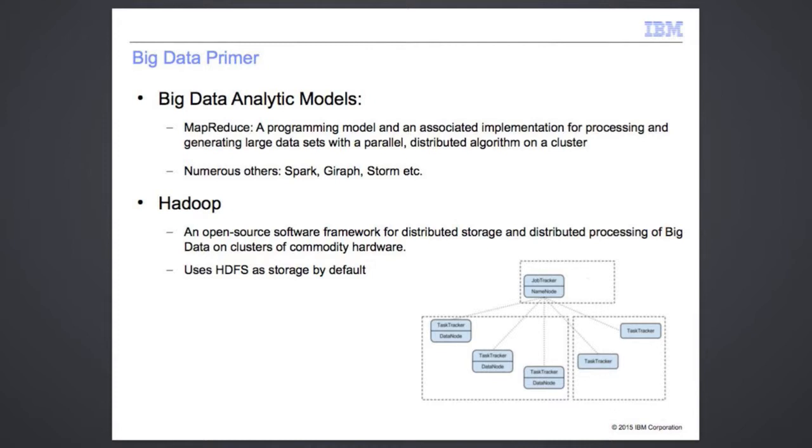If you're not familiar with big data, you can think of MapReduce at a very high level as a means for you to process a large amount of data in parallel. So imagine you have a big file of 30,000 lines, and you have 10 VMs to process this data in parallel. Maybe you want to do a word count, maybe you want to do some sentiment analysis based on the data.